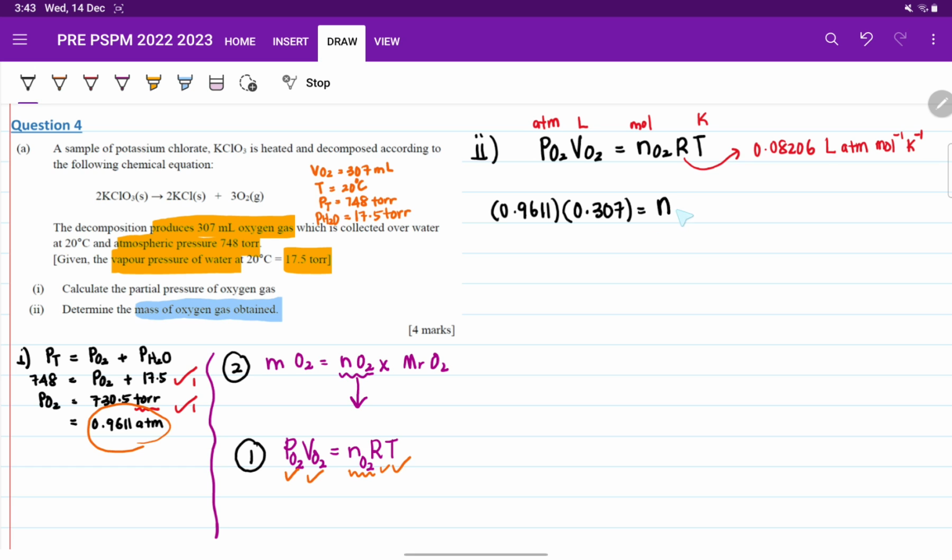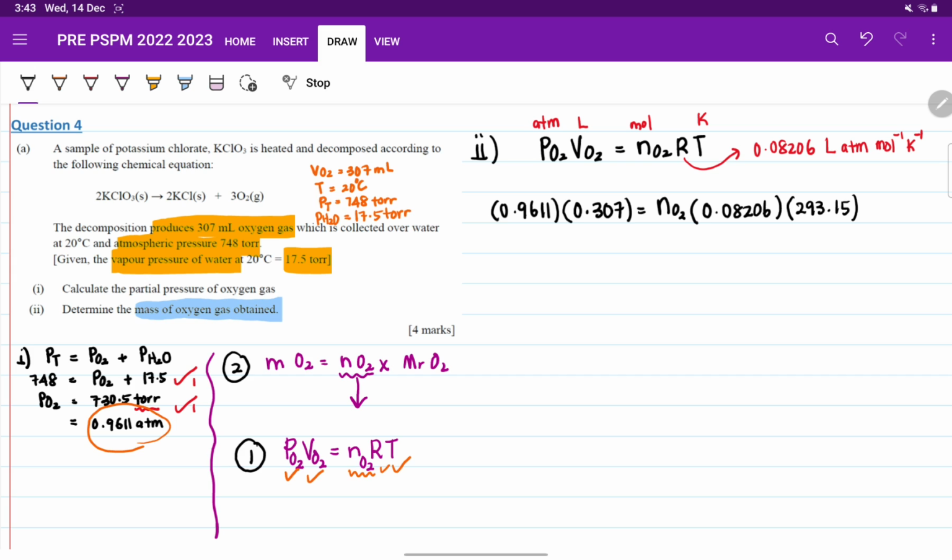The number of mole of oxygen is the one that we want to find. Gas constant, 0.08206. And the temperature, we have it in degrees Celsius, so we add 273.15. So we will get our temperature as 293.15 Kelvin.